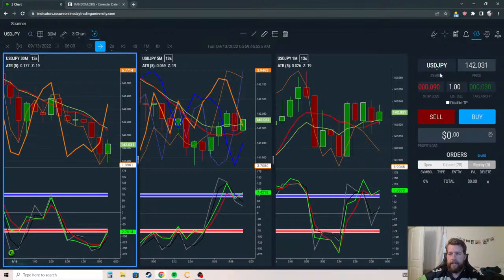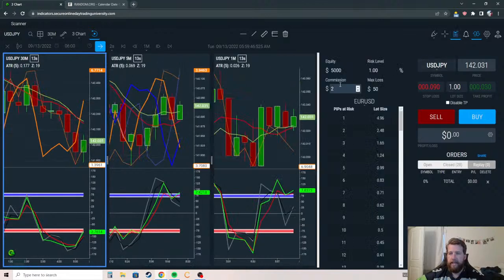We're going to treat this as if it is a $10,000 account, and we're basing our maximum risk at 1%. The largest number of pips that we would risk is going to be 10.